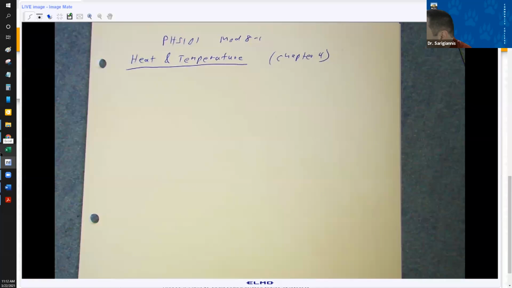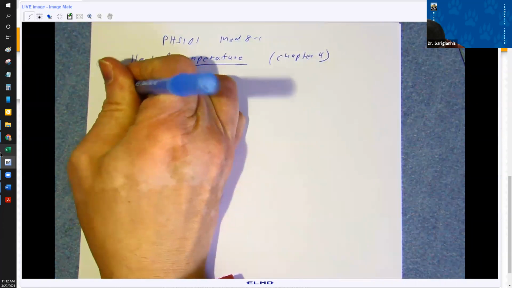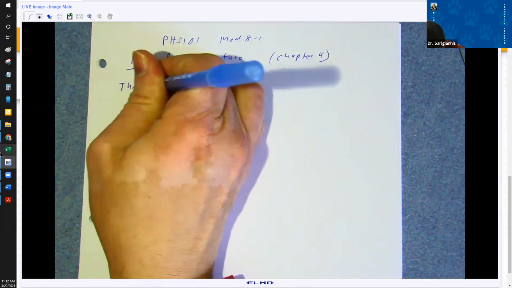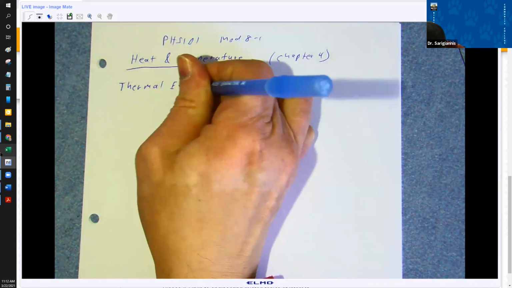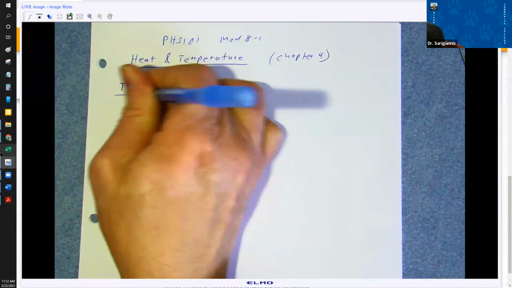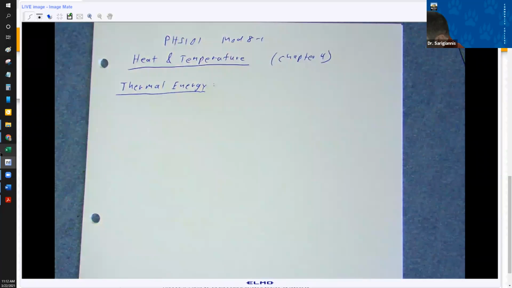So let's just start by defining a few terms here. Before we even talk about temperature, I want to talk about thermal energy. So thermal energy, right?